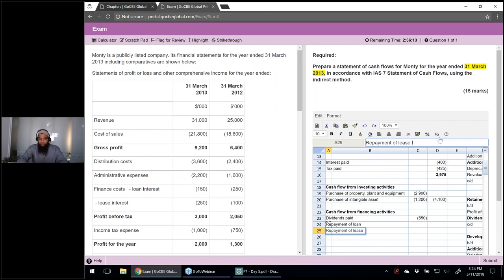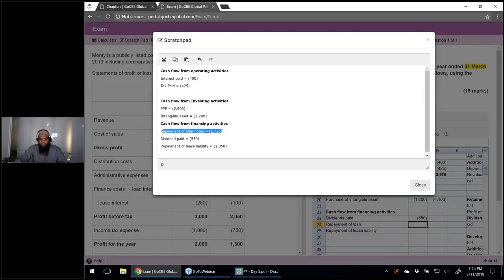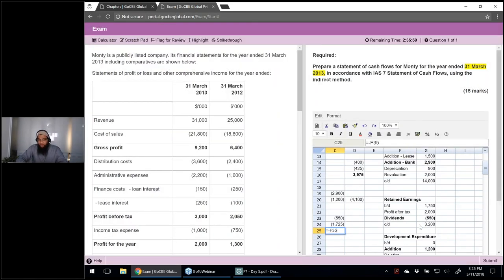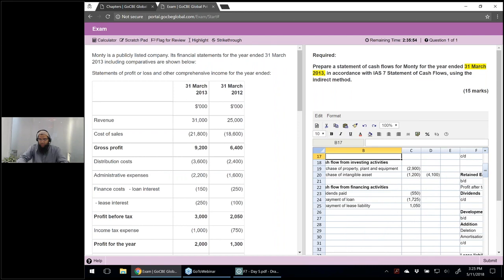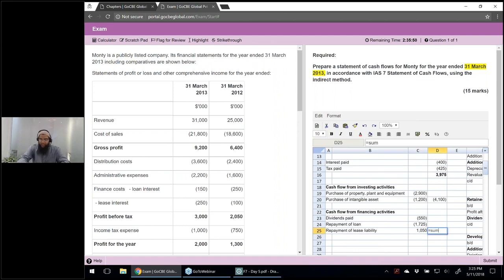The repayment of loan was actually negative 1725, and we have the lease T account as well, negative 1050. So now we can calculate the sum of all of the financing activities. The sum total is 1350, which is the net cash inflow or outflow.